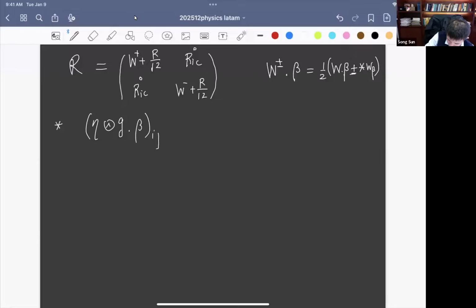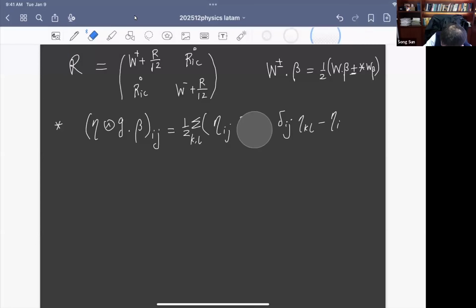By definition, it has some basis form: δ_ij η_kl minus η_ik δ_jl plus η_jl δ_ik. This is just the definition. How do we do this? 4 terms.